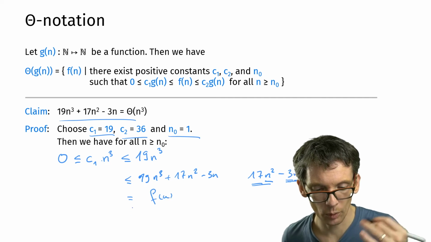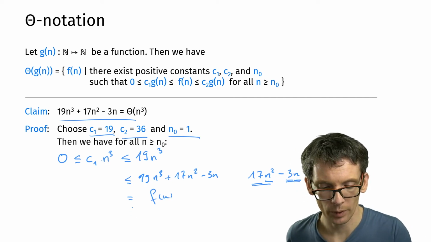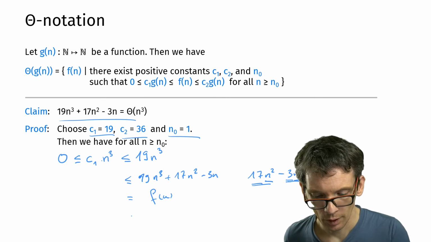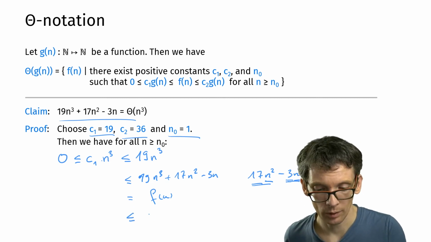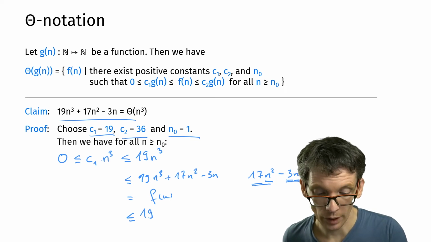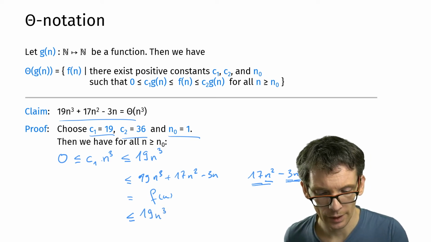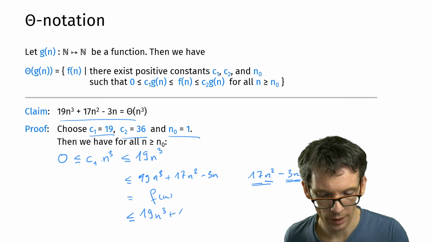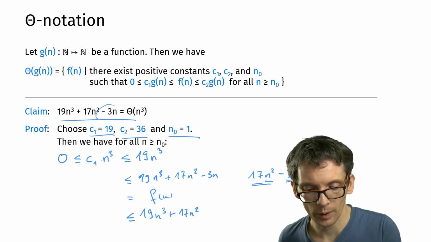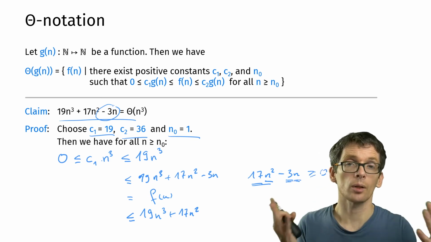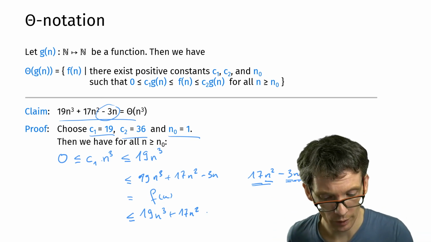Now I want to prove that f of n is smaller or equal C2 times g of n. So f of n is conveniently smaller than 19n cubed plus 17n squared. I dropped the negative term, which only makes the function larger.